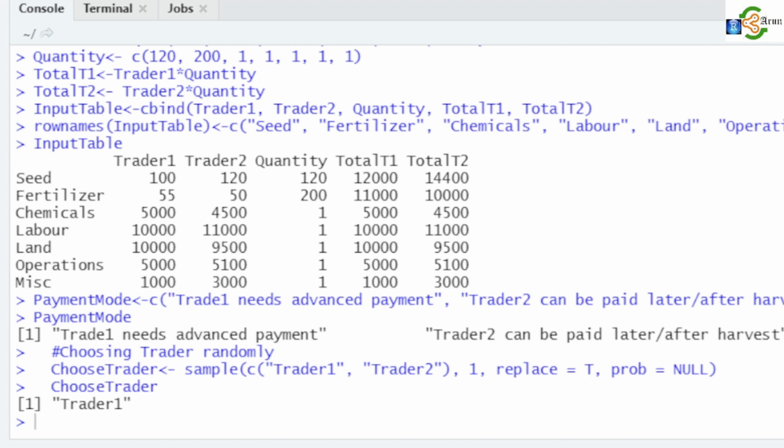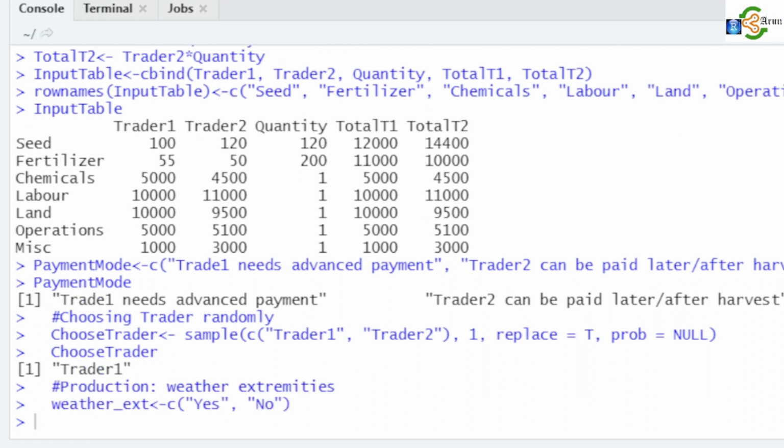I haven't provided any judgment, but in your case, you can go through this table that we have just produced and decide based on benefit cost analysis, because you also have the condition for the payment mode: what it will cost when you pay at this time, or whether there is any benefit in paying later on, and any cost differences. You can analyze it and choose either trader 1 or trader 2. It's up to you.